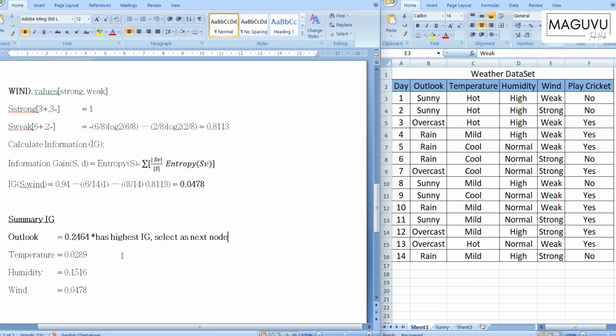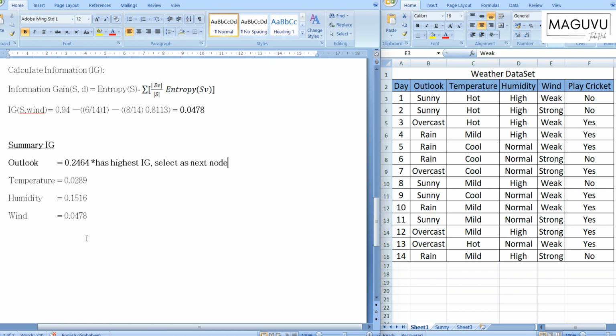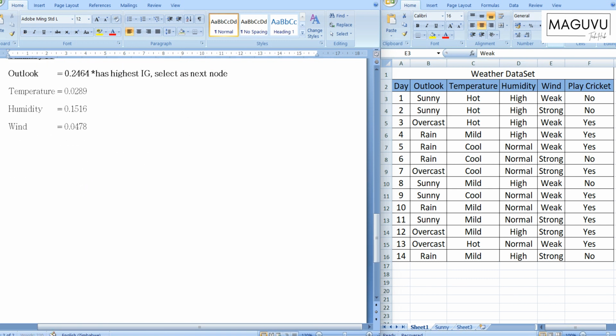So this means to say that now we can represent our decision tree as starting with outlook.